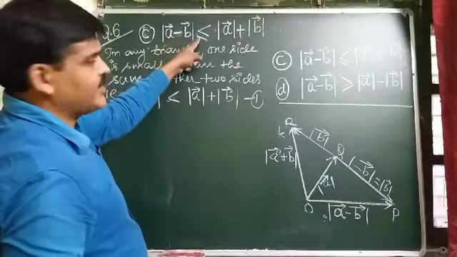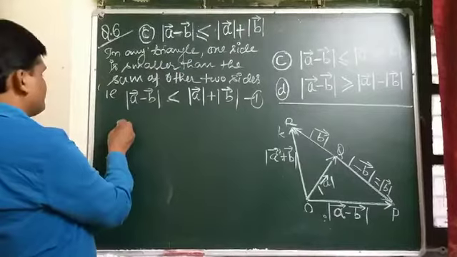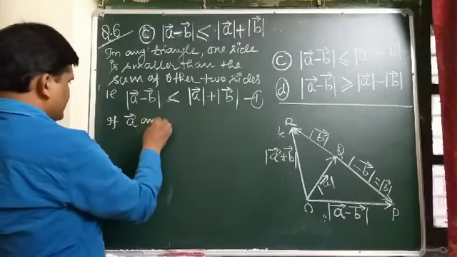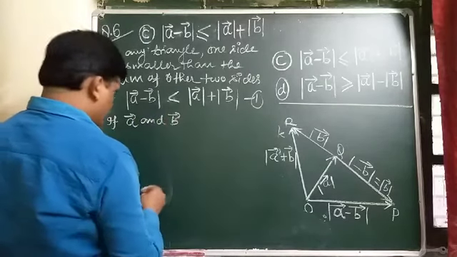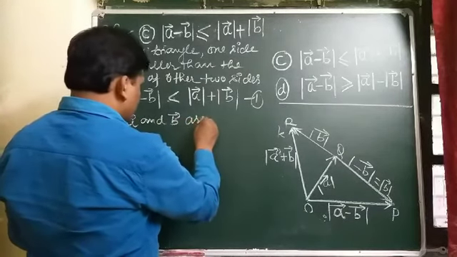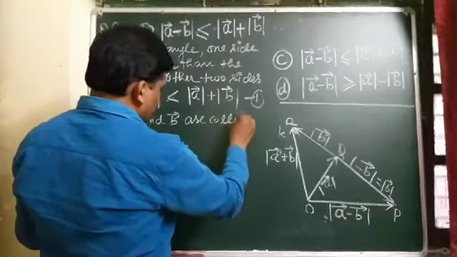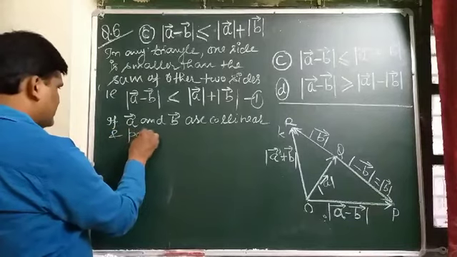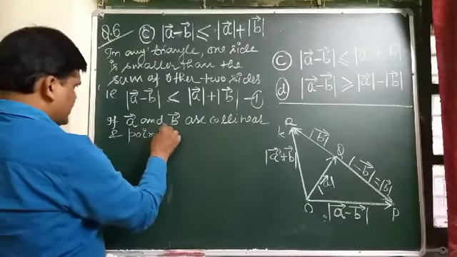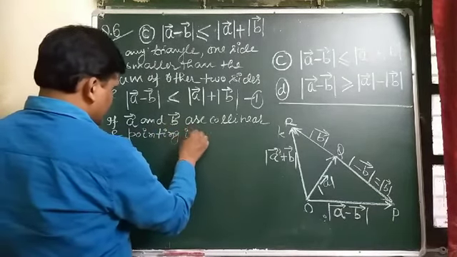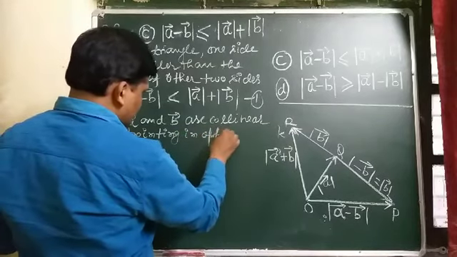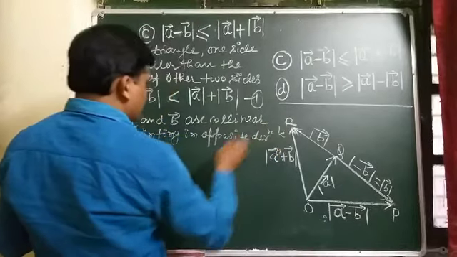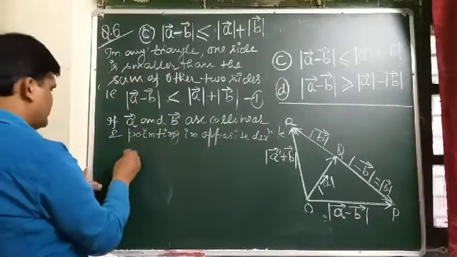And student, the equality sign: if vector A and vector B are collinear and pointing in opposite direction, so we can write this equality sign.